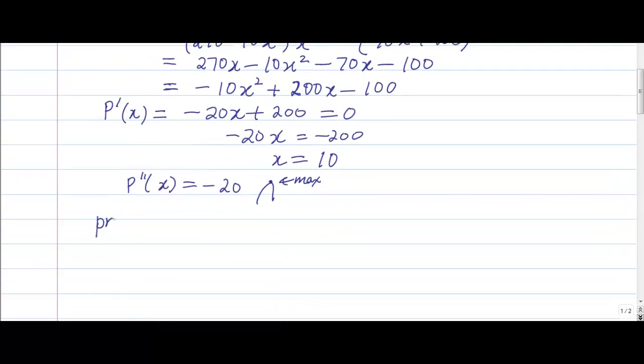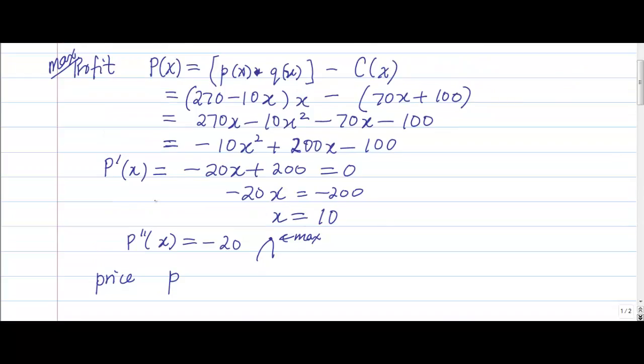So the price should be P of 10, which is 270 minus 10 times 10, which gives us 270 minus 100, which is 170. So it should charge $170 per bike.